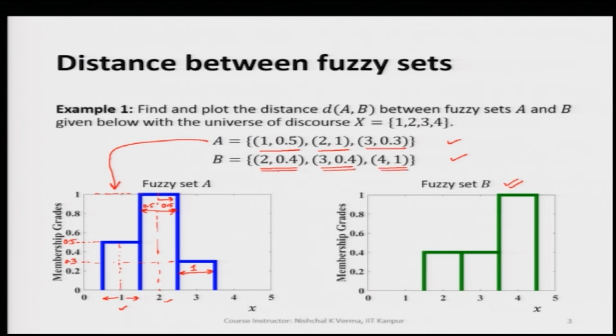In the first element, we have 2 comma 0.4: 2 is the generic variable value and its corresponding membership value is 0.4.